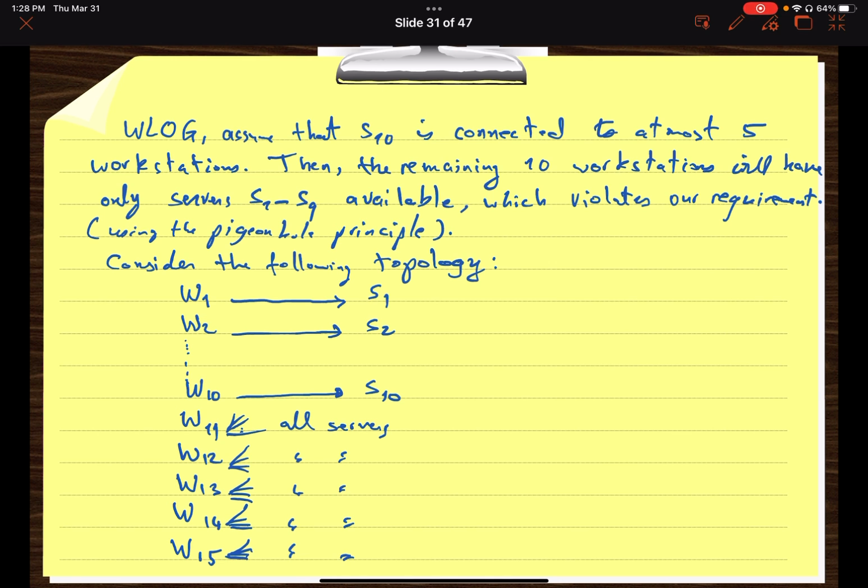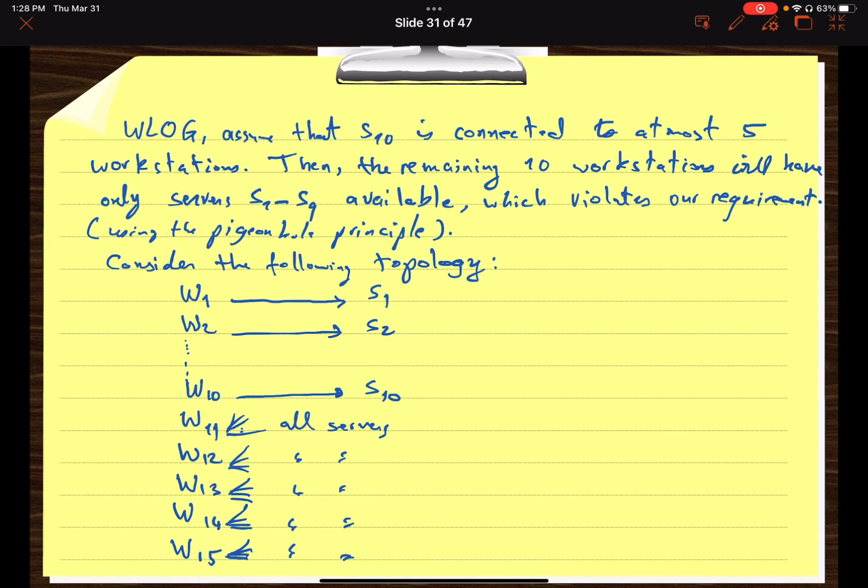If the 10 come from workstations W1 to W10, it's done, since each one is already directly connected, right? What if some of them are from 1 to 10 and some are from 11 to 15? Let's have i from 1 to 10; each one goes to its corresponding server. Then the 10 minus i that are left come from W11 to W15, right?